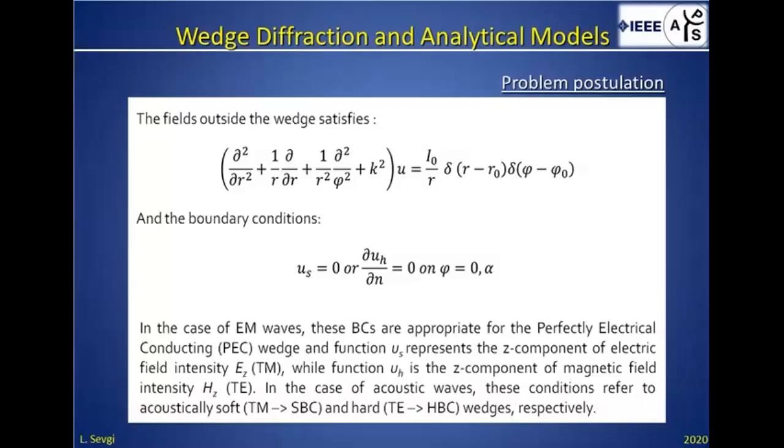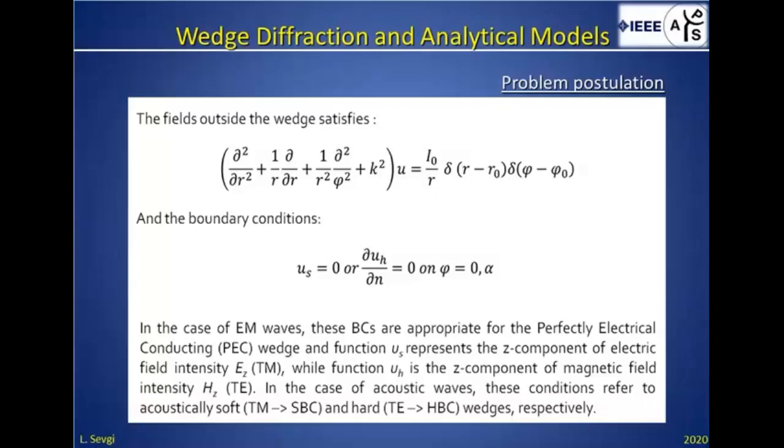In electromagnetics, U represents either Ez in the TM case or Hz in the TE case. And the soft boundary condition, U equals 0, or the hard boundary condition, the normal derivative of U equals 0, on both sides of the wedge.